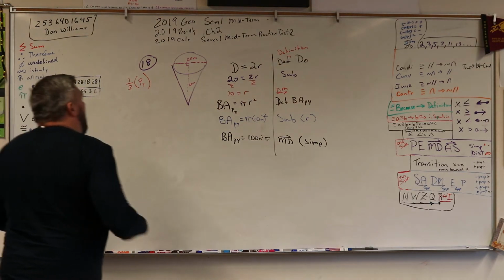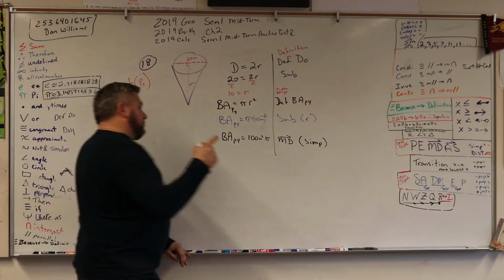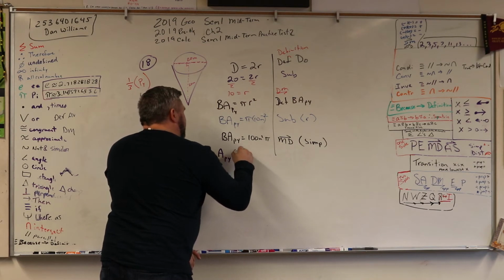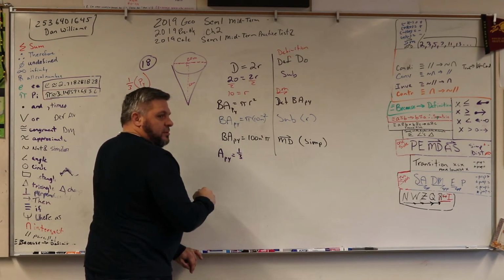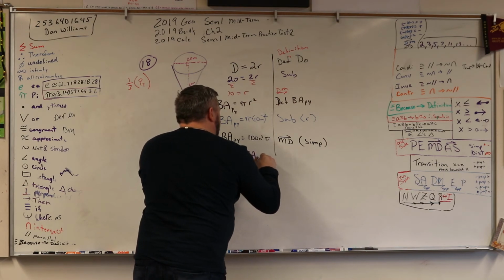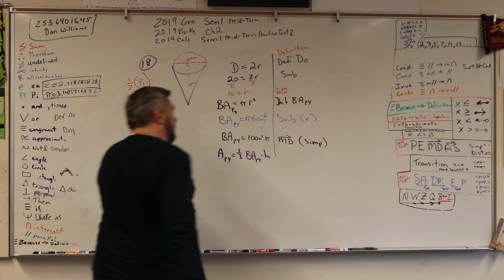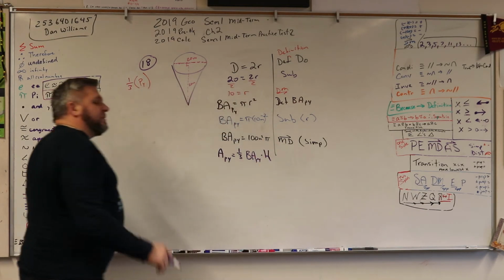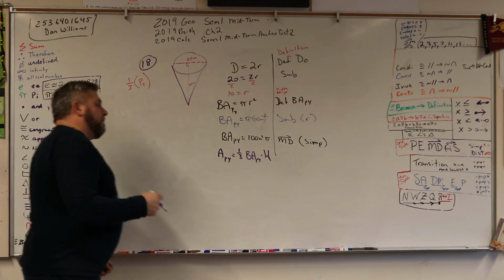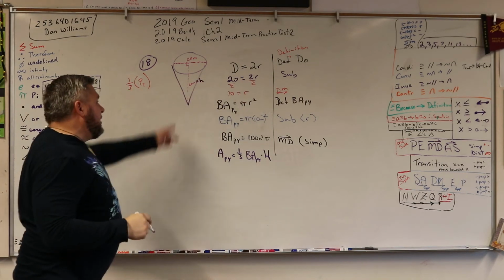Alright, now, what is the area of a pyramid? The area of a pyramid is equal to 1/3 the base area of the pyramid times the height. If you want to use capital H or little h, it's up to you. Now we know that the height is right here, so the height is 20.